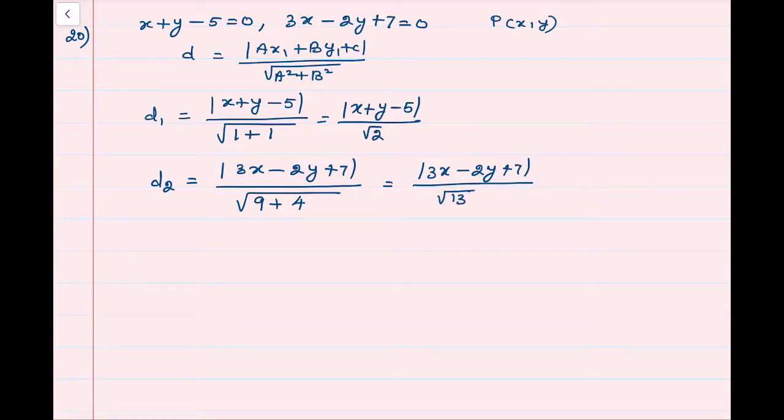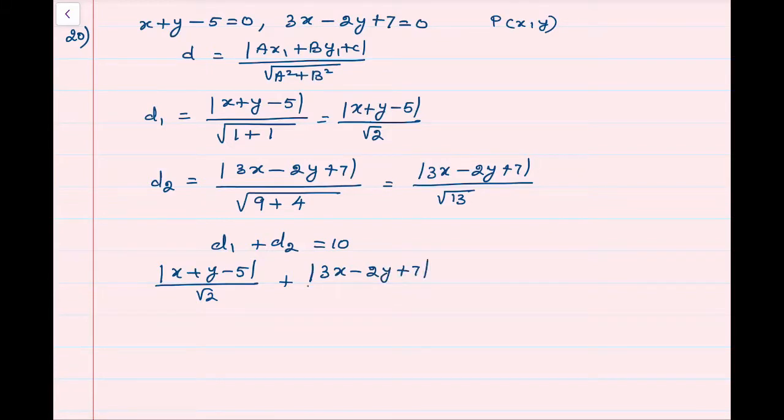Now the total is 10. d1 plus d2 is 10. Therefore, absolute value of x plus y minus 5 divided by root 2 plus absolute value of 3x minus 2y plus 7 divided by root 13 is equal to 10.